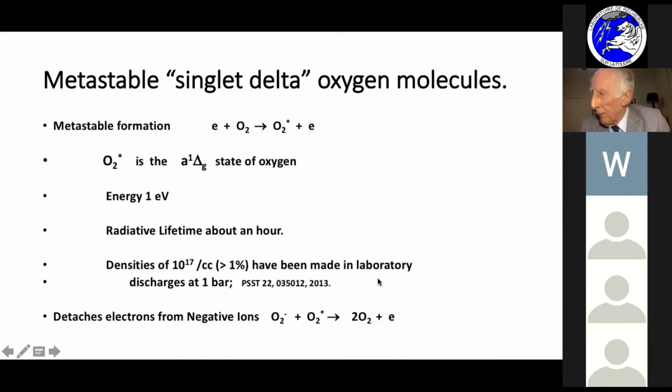And there are various proposals as to therapeutic effects of the oxygen molecules. And the crucial element, I repeat again, is that oxygen metastables hitting negative ions can detach the electron, making the region conducting. And if you have millions of these, you can convert a step from being insulating to being conducting.